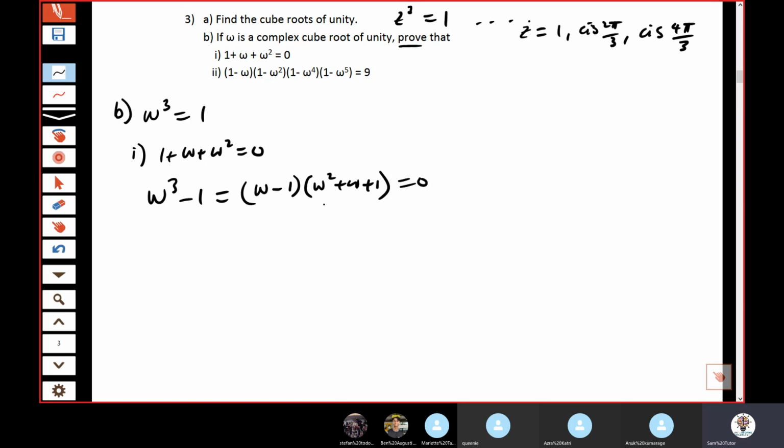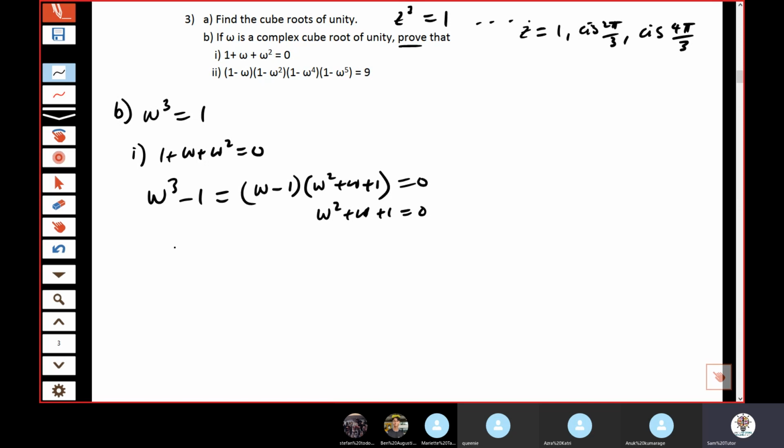Just basic equation rules: if we've got 2 brackets, or any number of brackets, equal to 0, the answer is this. Yes? I just don't like it that much.